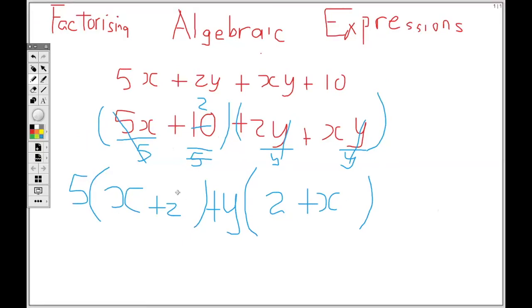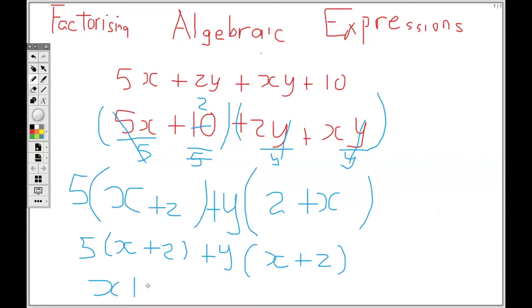Now looking at this, x plus 2 is not looking like 2 plus x. So we can do some rearrangement. Rearranging the 2 plus x, I have x plus 2. So now the brackets are looking the same, so we write it once. So we have x plus 2, then grouping the outside, we have 5 plus y.